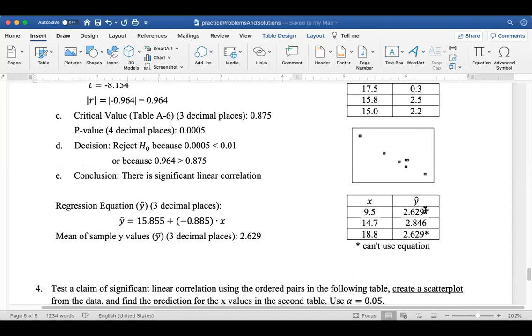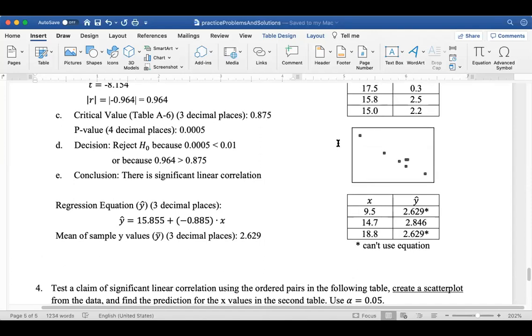So you'll notice that I have the mean value of the sample y's in here, but technically this should be no prediction, okay? If you remember that table, if we reject H0 and the x is not within the bounds, we can't use the regression equation.